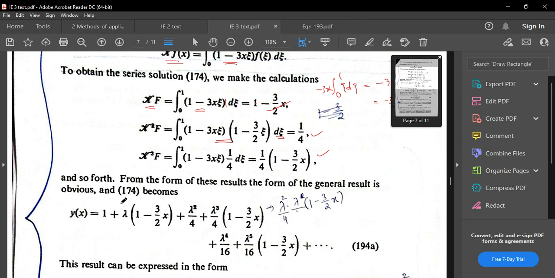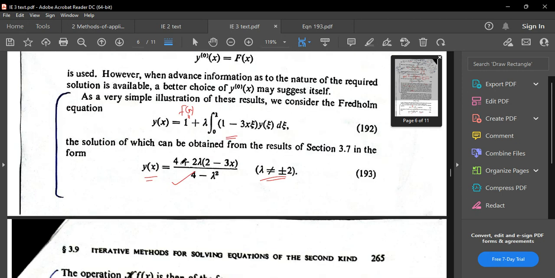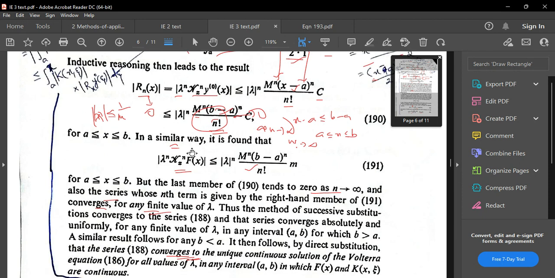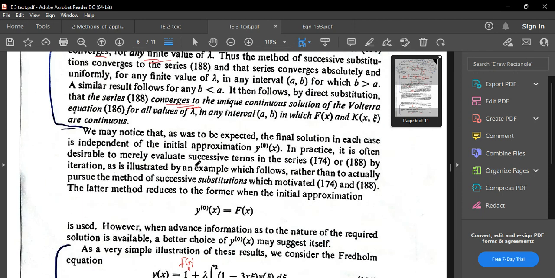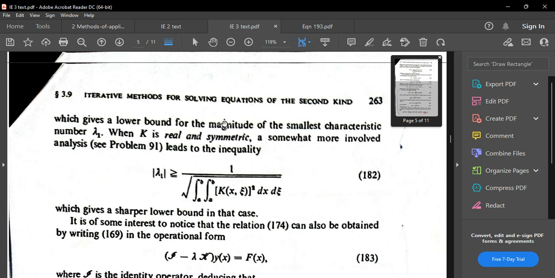So what will we get? This is a general formula, y of x is equal to this, 0 to 1. This is the general solution we have denoted, and sorry, this is Volterra type.